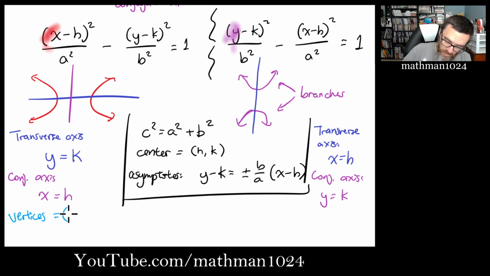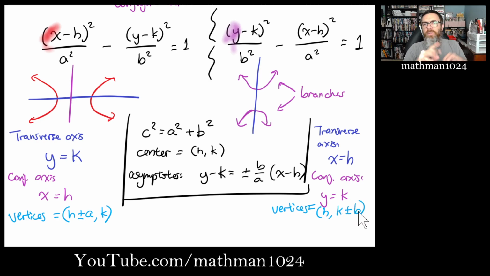So your vertices are going to be h plus or minus a, comma k. And then for the vertically minded ones, your vertices will be h, and then k plus or minus b. And what I'm doing here is I'm letting b always be the value that's underneath the y. That way we don't have to learn a bunch of different things.